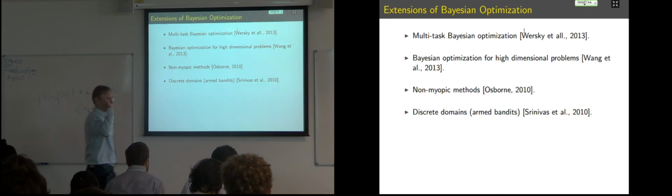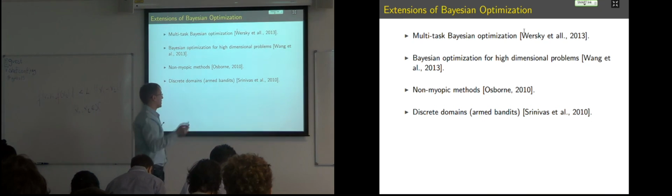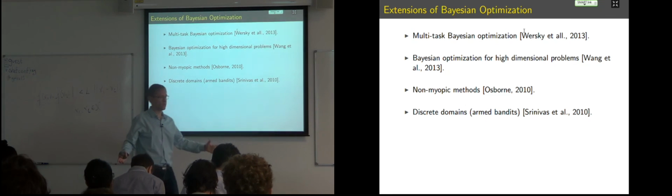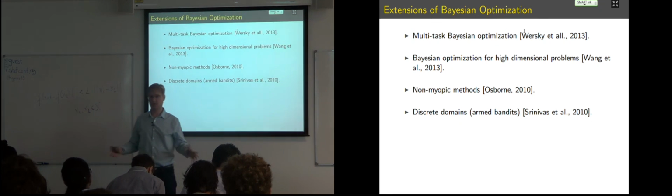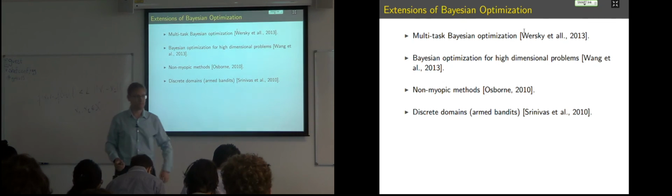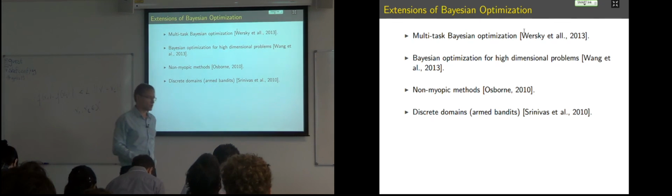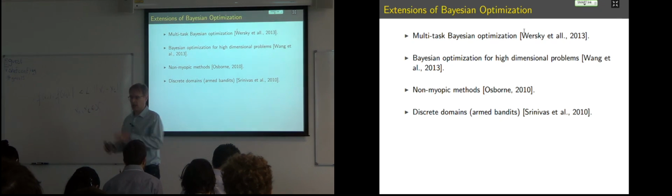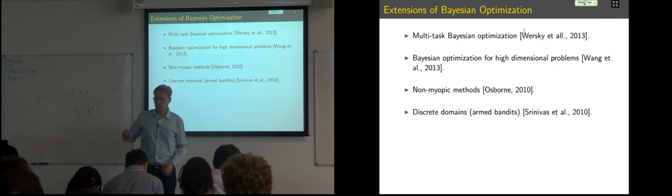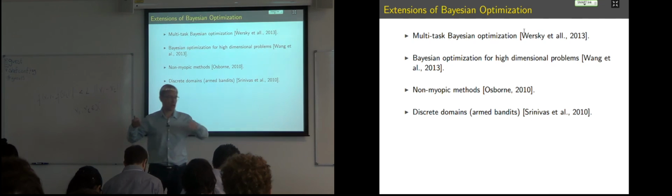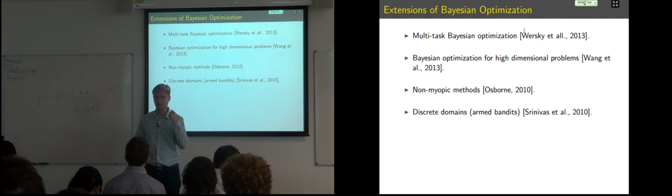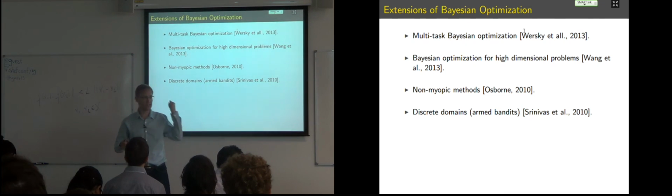You can think about discrete domains. This is called multi-armed bandits. So there is a whole literature of optimization in multi-armed bandits, and you can also see Bayesian optimization as the limit case of that. If you think about a discrete domain in which you have a probability distribution associated to each point of the domain that gives you a utility, right?